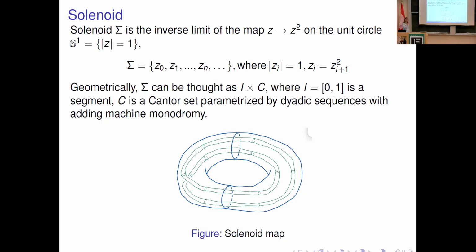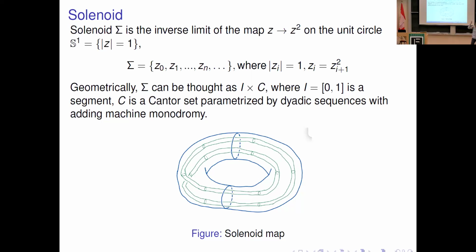Now I want to understand this set geometrically. Let us take a filled-in torus, stretch it, and wrap it around twice. There is a subtlety for general degree d, but for this, you just wrap it around twice.